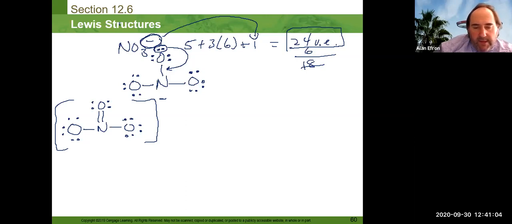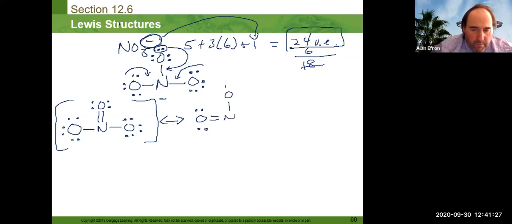So this as well, since we had options, we could have double bonded here. We could have double bonded here. We could actually draw 2 more resonance structures for this guy. So if we drew another resonance structure where we double bonded to the left, it would have looked like this, with now our single bond up on top.